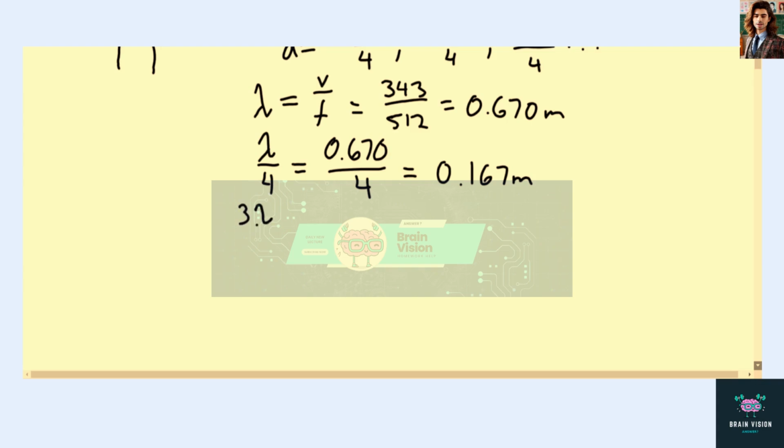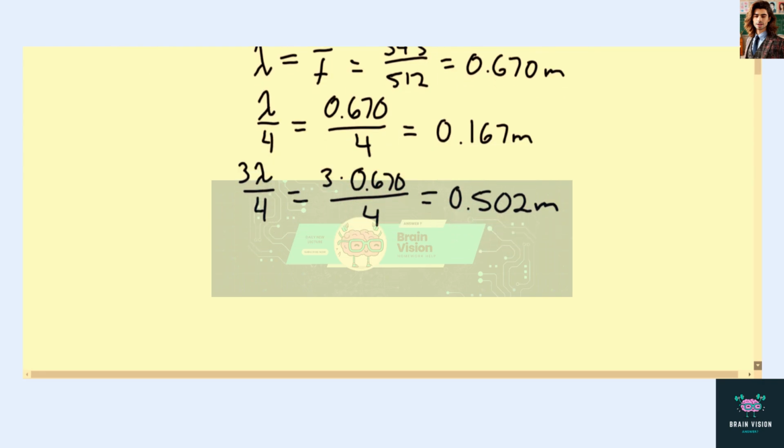So the next one, 3 lambda over 4, is equal to 3 times 0.670 divided by 4. If you calculate that, you will get 0.502 meters. Now this is greater than 20 centimeters, so this is our first answer.